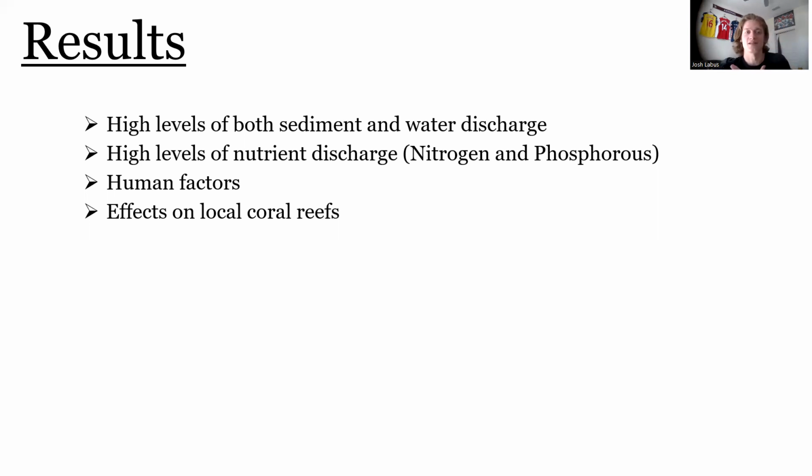And then how this affects local coral reefs, obviously, as I've discussed before, these higher levels of nitrogen and phosphorus can lead to this growth of phytoplankton and algal blooms. And then obviously the sediment plumes are a significant factor, as you've seen in the picture on the previous slides. You can actually see how large these sediment plumes are due to this agricultural disturbance of the land and the runoff of rainfall.